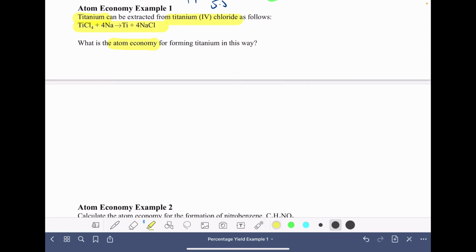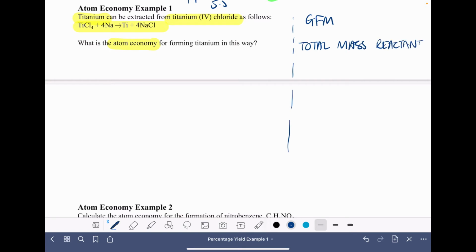So, similar to the percentage yield problem, we need to look at the gram formula masses. So we need to work out the total mass of the reactants. Okay, so we've got titanium chloride, and that has a total mass of 189.9 grams per mole.